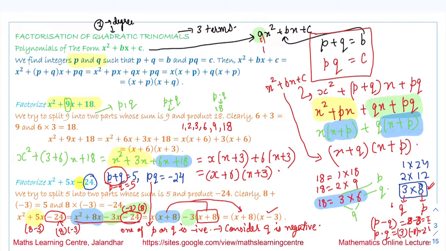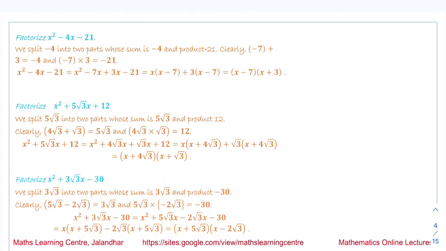Similarly, in the next question, we are having p plus q. We are saying over here that p plus q is minus 4 and p into q is minus 21. Again same thing we are getting, that one of p or q is negative.